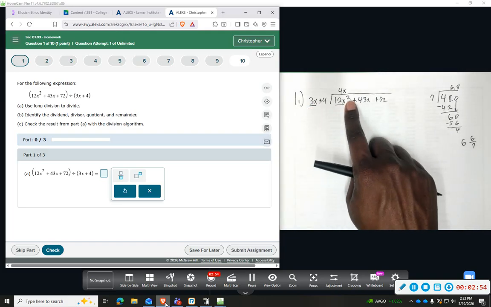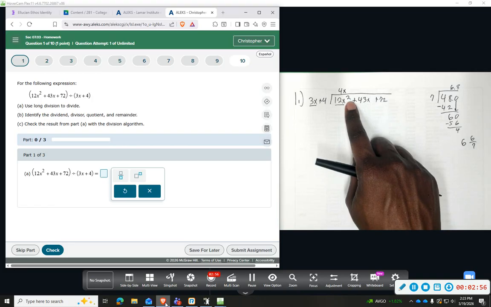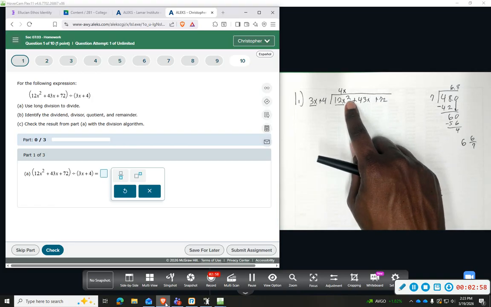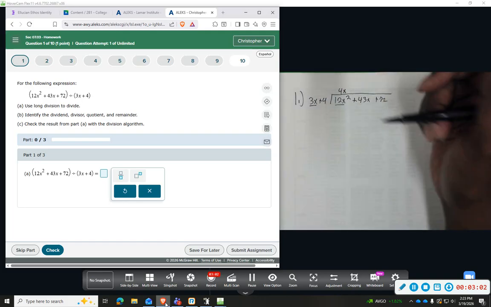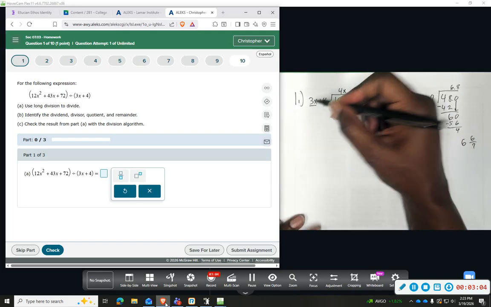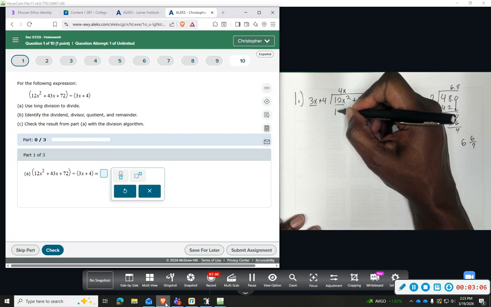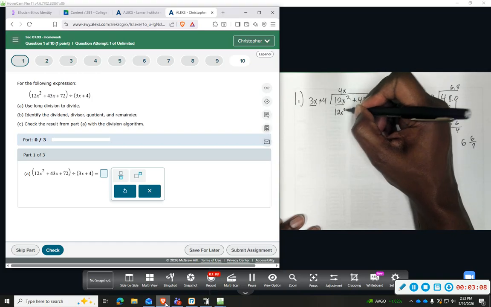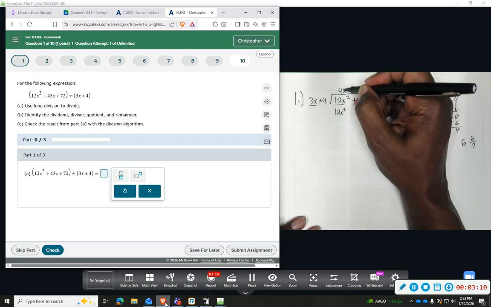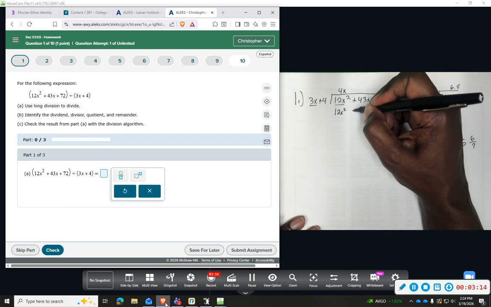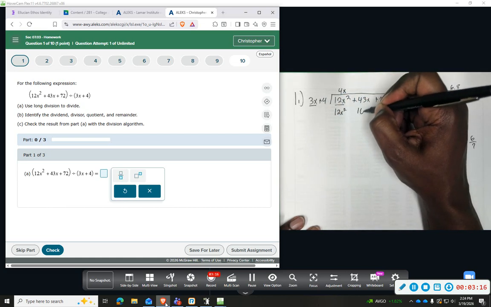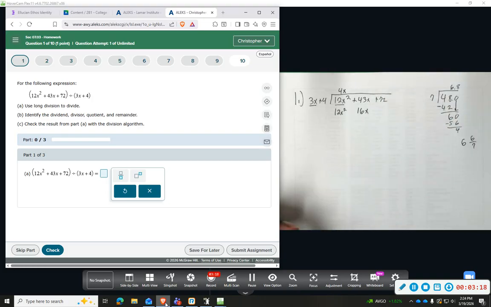All right. So now we're going to multiply this term by both terms here. We're going to distribute. So 4x times 3x, this should always match up with this term, 12x squared. Same term, same sign. 4 times 4x will give us 16x, and it's positive. Once you do that, just like here we subtract, we change the sign.